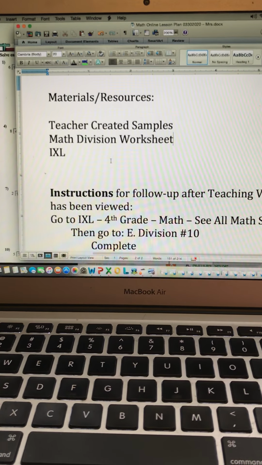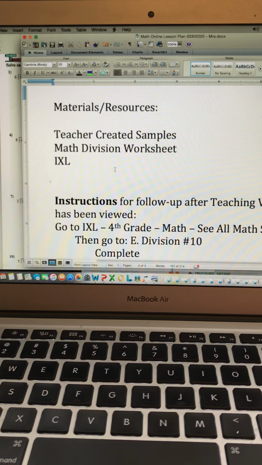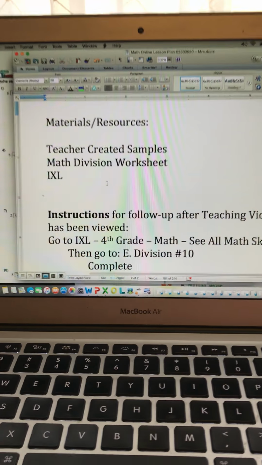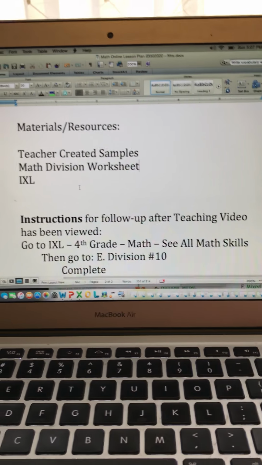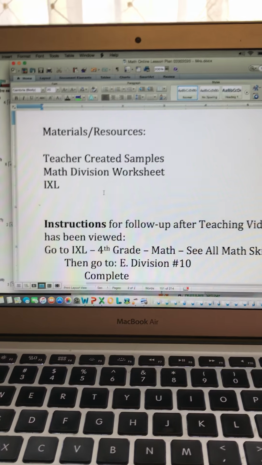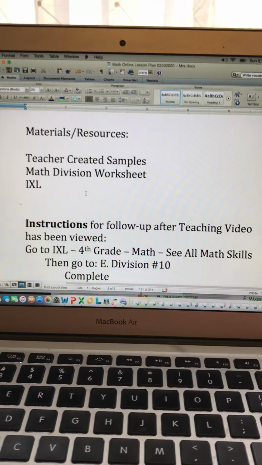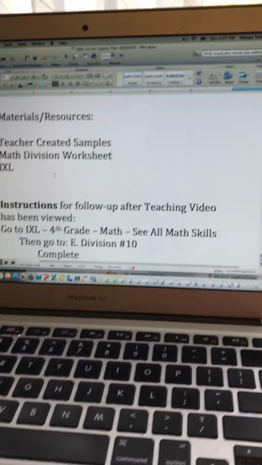So to begin with, we're going to look at a division problem that may or may not have a remainder. Now, the ones that you will be working on your worksheet will indeed have a remainder. Okay? So here we are. Big piece of paper, right? So we're going to do one that's not too complicated to begin with.